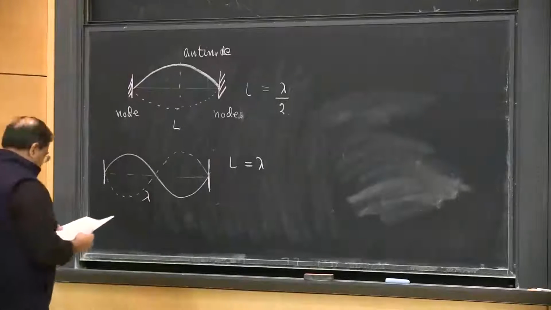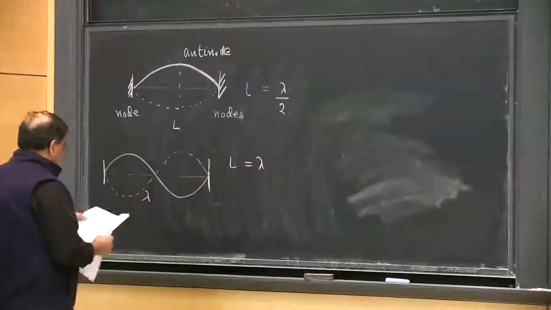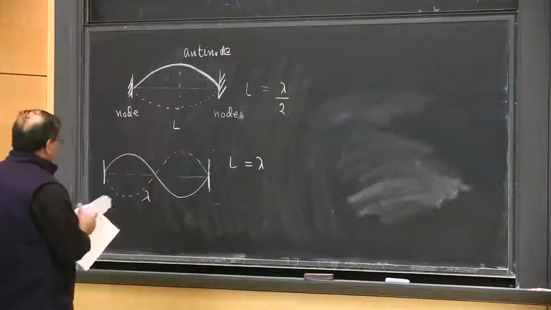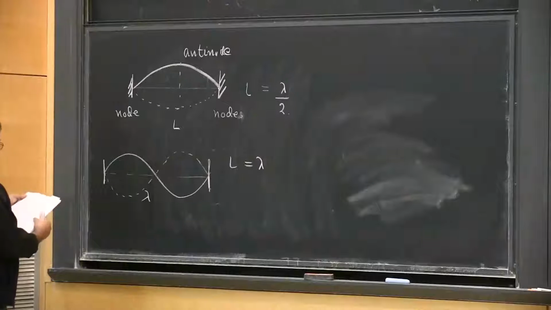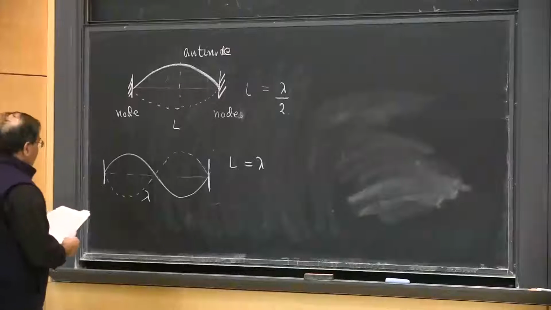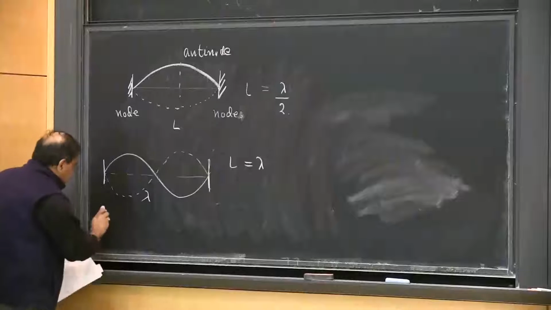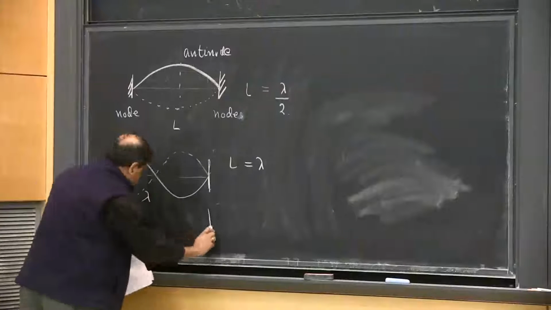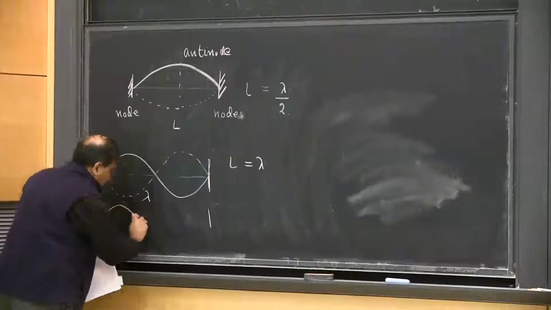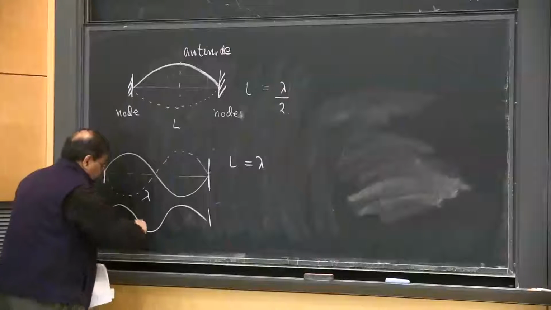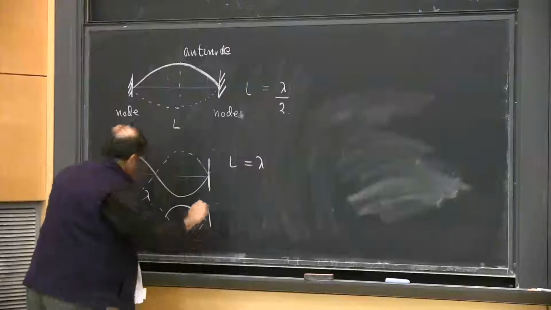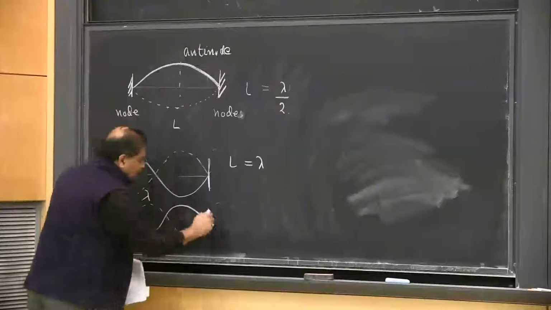I can also arrange to have vibrations that are more intricate. For example, I can arrange to have vibrations like this, and you can see there is a lambda and a lambda over 2.